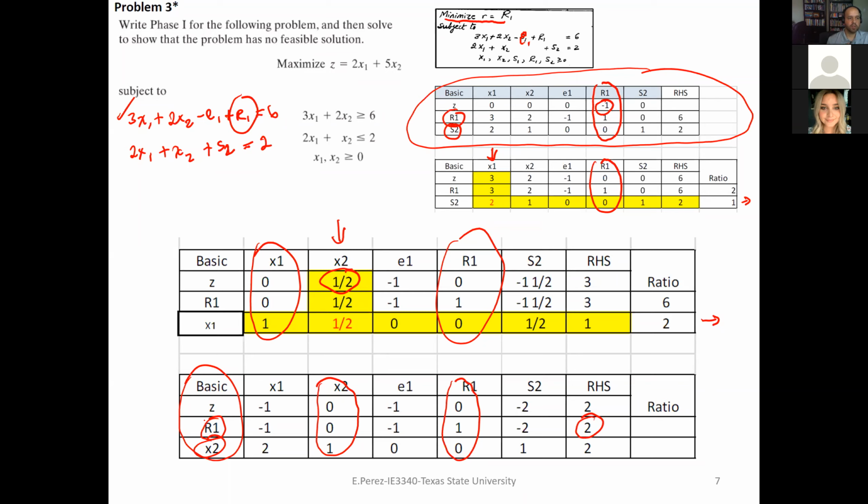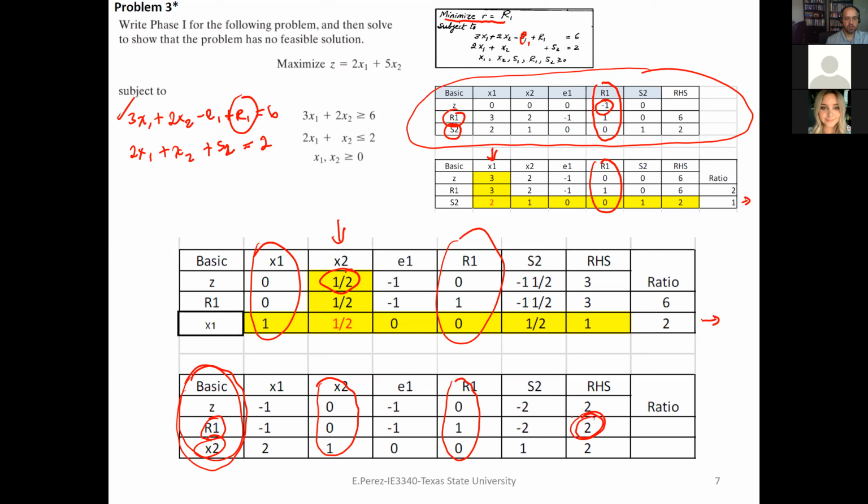When the problem has a feasible solution, those artificial variables are always going to be out of the basic set when finding the optimal solution of phase one. That's not the case in this one. R1 is here and it has a value different than 0, which means this problem has no solution. There's no way that you can solve this problem.